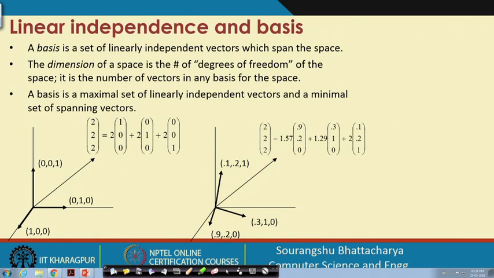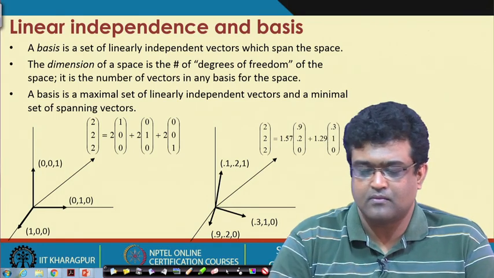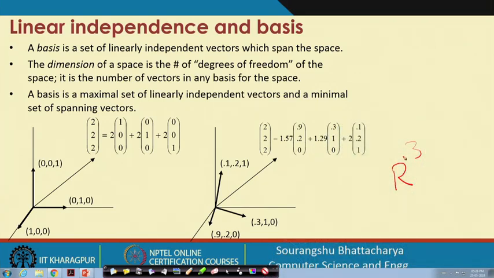These two are equivalent. So, the vector space R3 has dimension 3, as we know that 3 vectors are sufficient to generate all the points in R3, and more than 3 vectors are not necessary, and rather less than 3 vectors are not sufficient to generate all the points in R3.